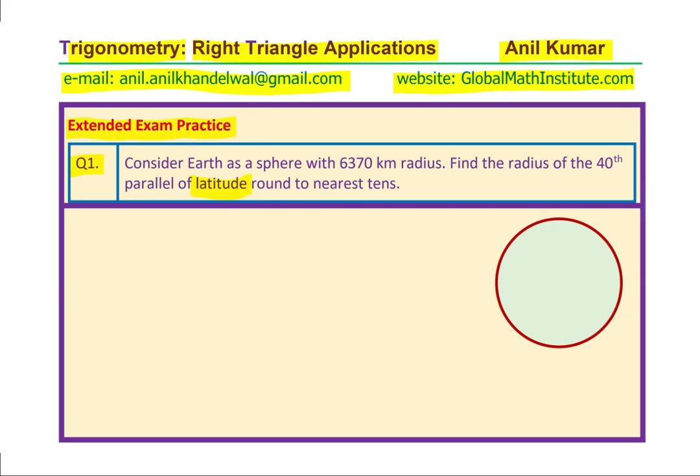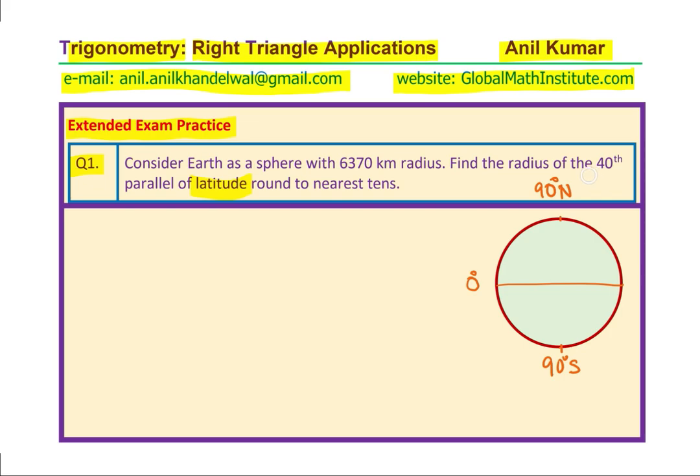On this globe, the equator runs east to west right through the center of the Earth, and the equator is 0 degrees latitude. Then we have the north and the south poles. These are at 90 degrees latitude, so we say 90 degrees north for the north pole and 90 degrees south for the south pole.